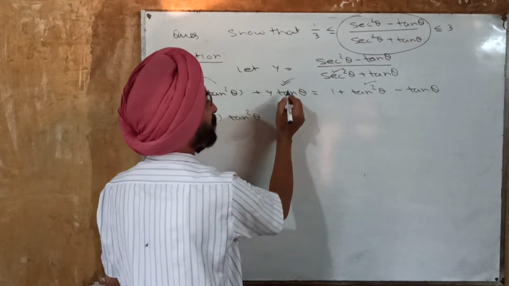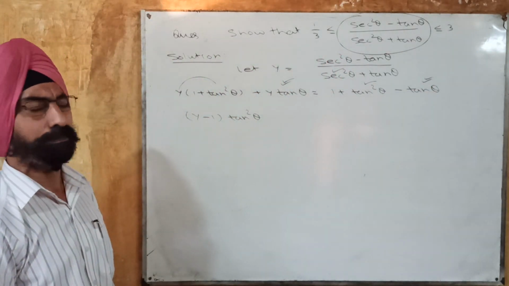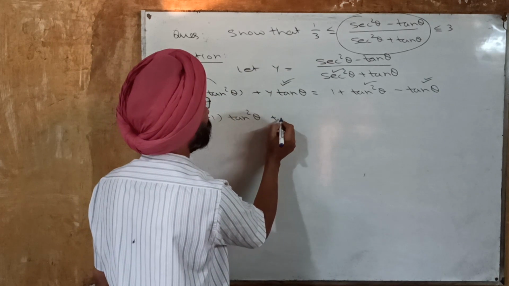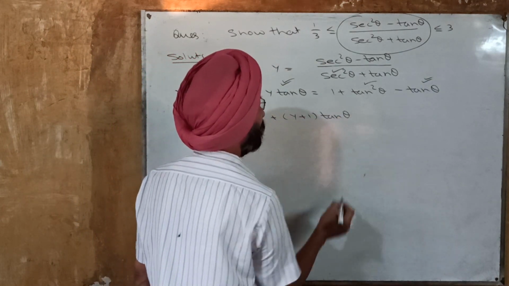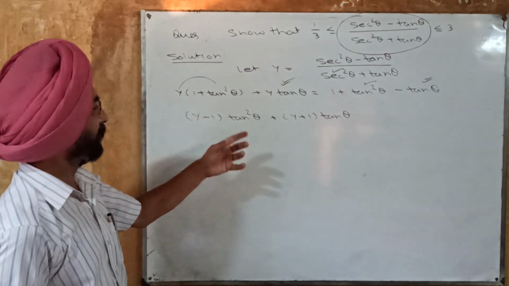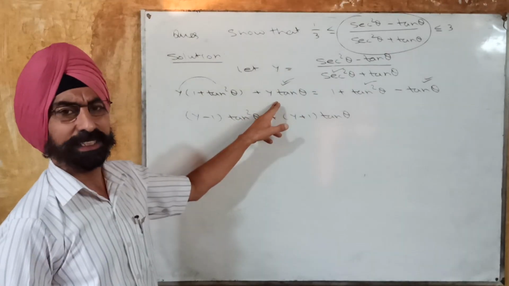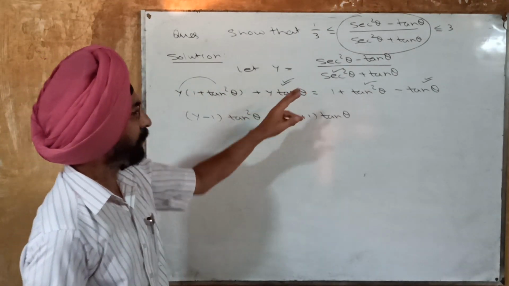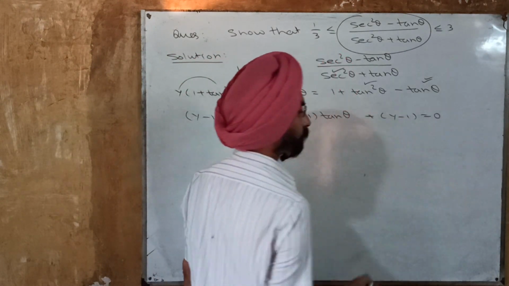This is your y tan theta and this is minus tan theta, and when it will come to the left hand side it will become plus tan theta, so you will get plus y plus 1 tan theta. And there are terms not containing tan theta, and these terms are y from here, and this one coming to the left hand side will become minus 1, so it is y minus 1 is equal to 0.